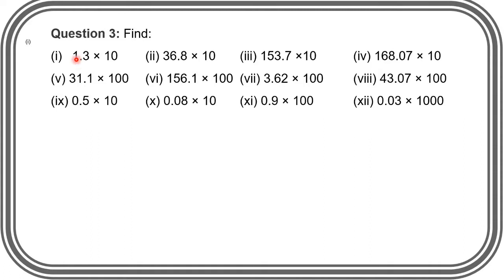So these are the questions. In the first four we have to multiply with 10. In the 5th, 6th, 7th and 8th parts we have to multiply with 100. The 9th and 10th also with 10, the 11th question with 100 and the 12th question with 1000.